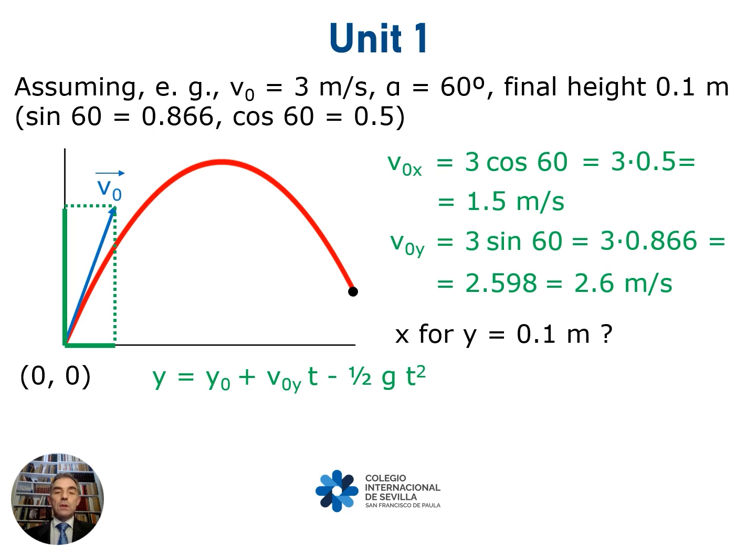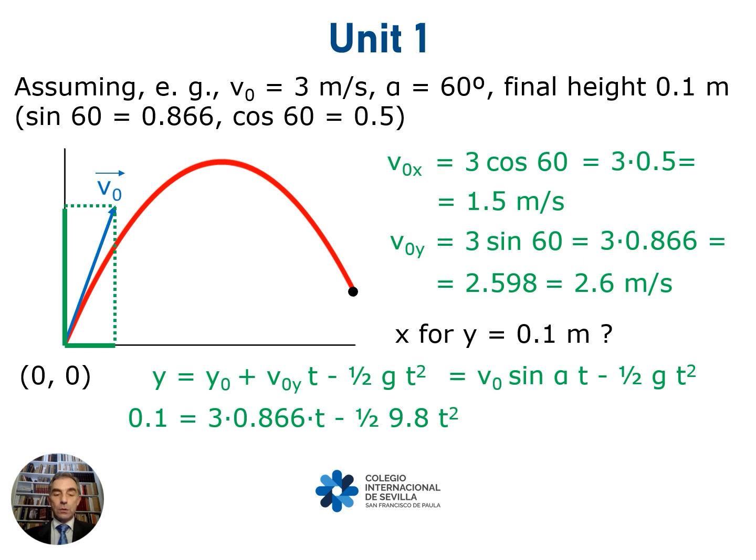We write the equation y equals y0 plus v0y times time minus, because it pulls down, a half of gt squared. Y0 equals 0, therefore the next step is v0 sine of alpha times time minus a half of gt squared. Final position 0.1.